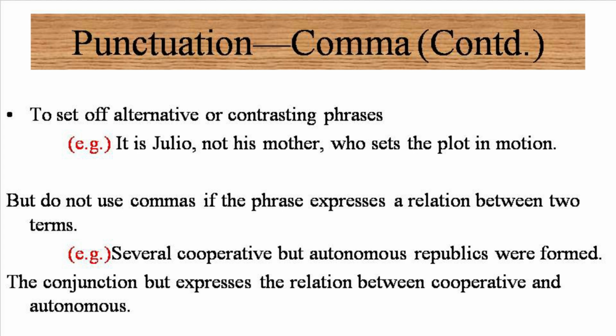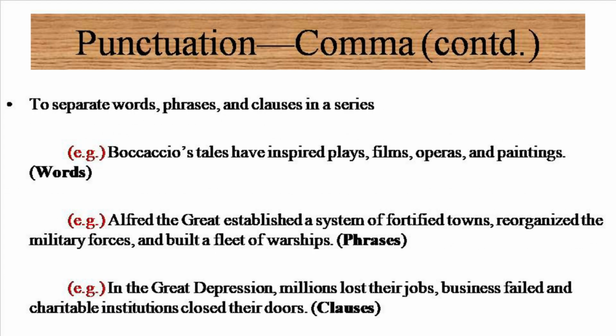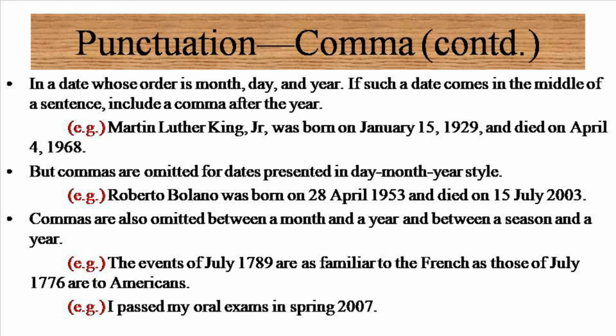Again, it is used to set off alternative or contrasting phrases. It is also used to separate words, phrases, and clauses in a series. Comma is used in a date where the order is month, day, and year.